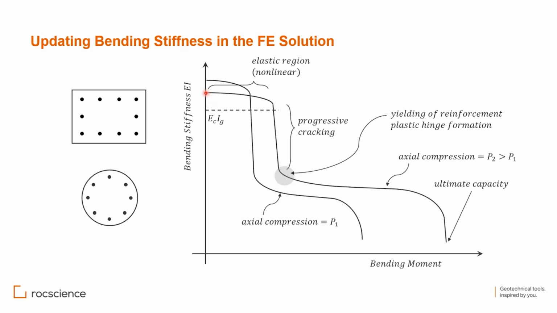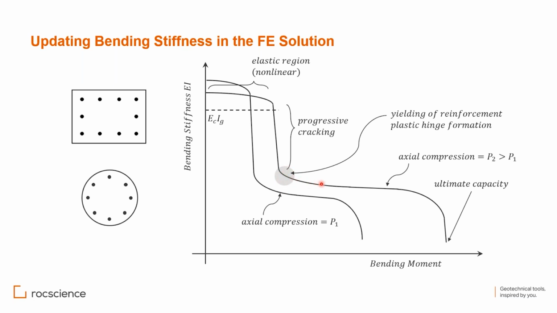This starts with an elastic region that is usually nonlinear because the concrete is nonlinear. If the concrete was a linear material, this would be a straight line. Then it turns into a point where cracking of the concrete starts very fast, and progressive cracking ends with a plastic hinge formation when the reinforcement yields.